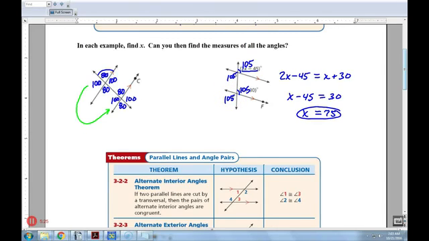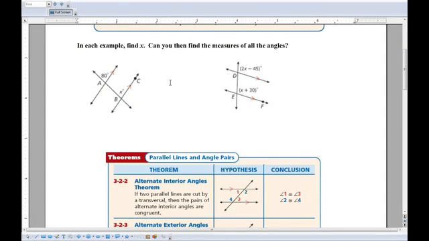And now I can use linear pairs to figure out the rest of them. These two angles here have to add up to 180. So that's 75, 75, 75, and 75. And you'll always see this pattern. If you notice in both pictures, there are only two different angle measures when it comes to parallel lines. You're either equal or you add up to 180.